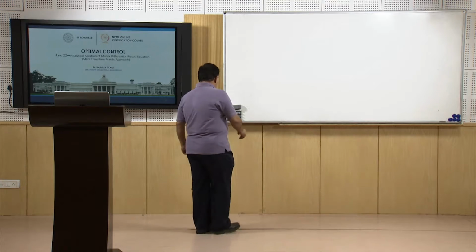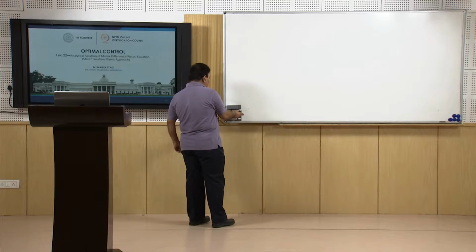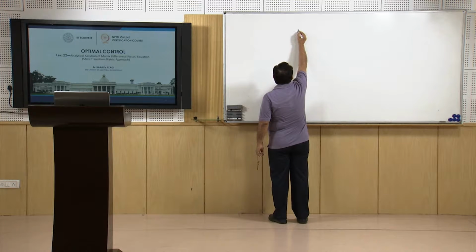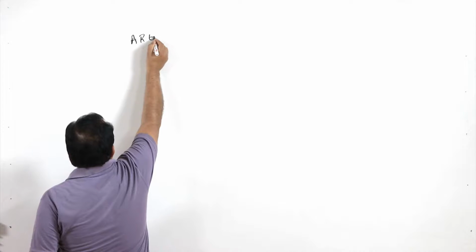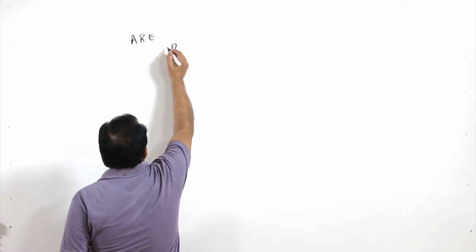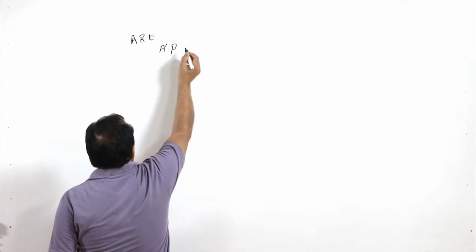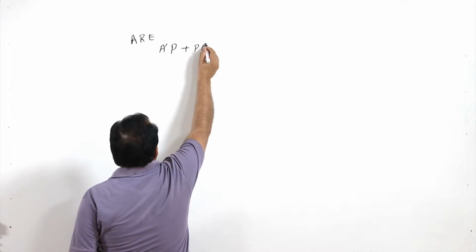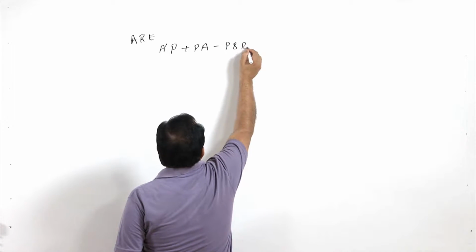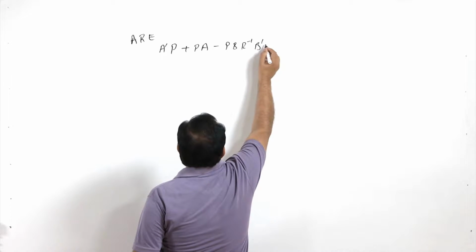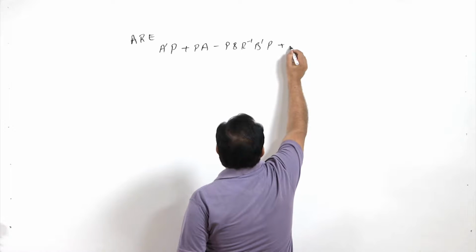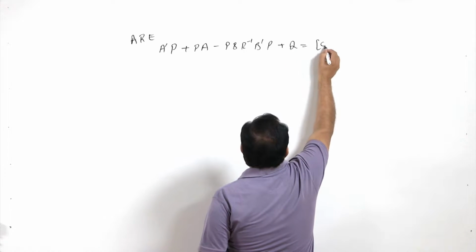So first, if you recall, in the previous class we have seen that my algebraic Riccati equation is A transpose P plus PA minus PB R inverse B prime P plus Q equal to 0.